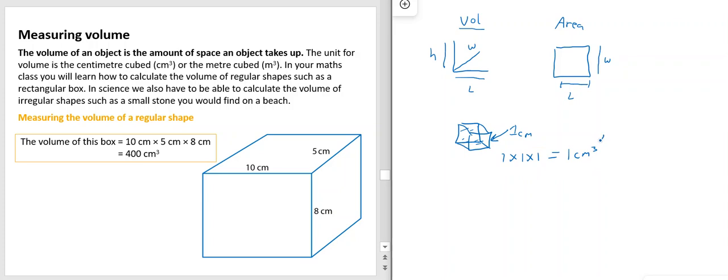This 3 indicates that it has 3 dimensions. If you take area, for example, 1 centimeter by 1 centimeter, so 1 multiplied by 1, it's going to be 1 centimeter squared. Notice that you have this 2 here. Why have you 2? Because you're only dealing with 2 dimensions, length and width. Whereas with volume, you're dealing with 3 dimensions: length, height, and width.